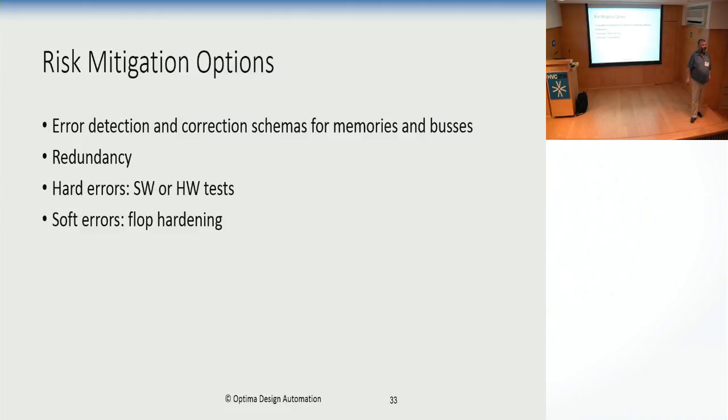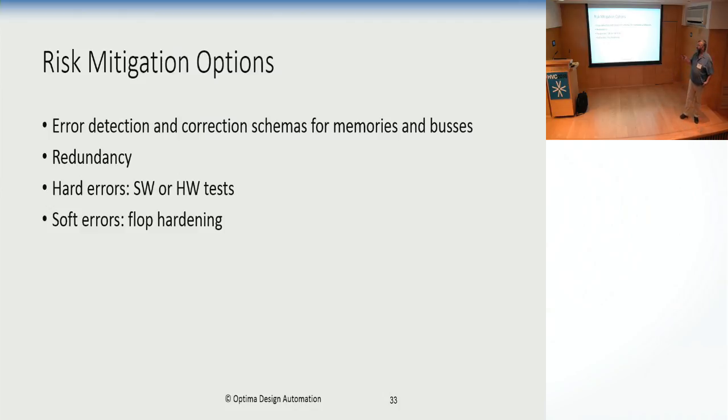That when you manufacture and you test basically for hard errors. The whole area of manufacturing tests can be reasonably adapted to the area of hard errors. And for soft errors, there's a notion called flop hardening, where you can protect specific flops or all the flops from the problem. So let's study the bottom 3.